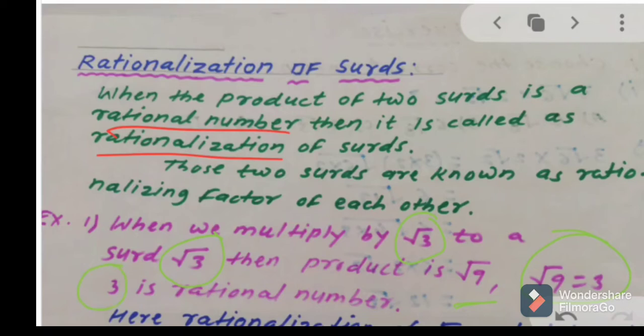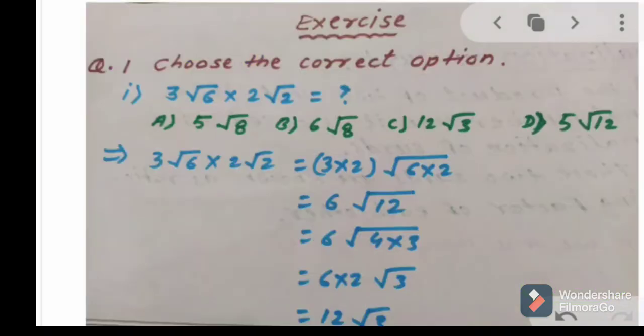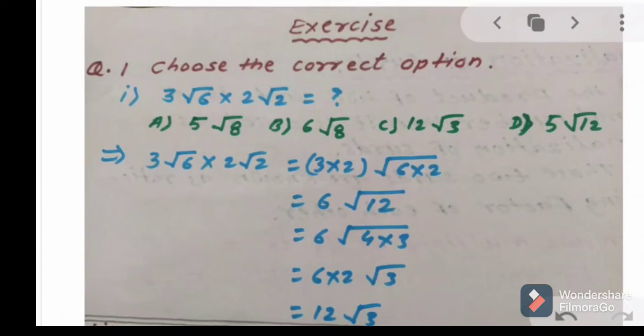And those terms which are multiplied with each other are known as the rationalizing factors of each other. For example, when we multiply root 3 by another root 3, then our answer is root 9, but the square root of 9 is 3.